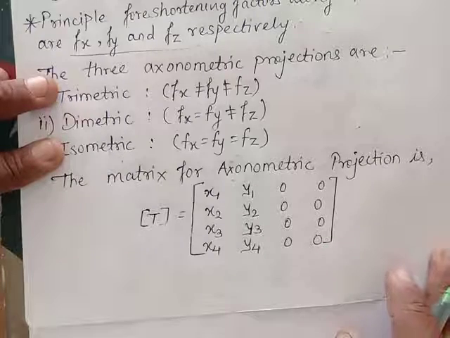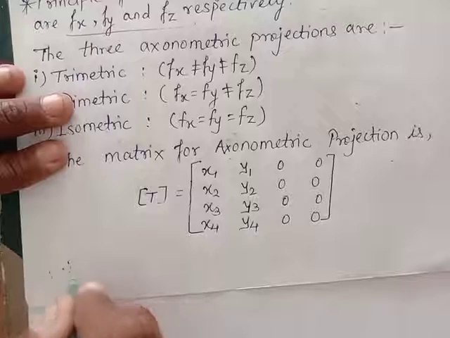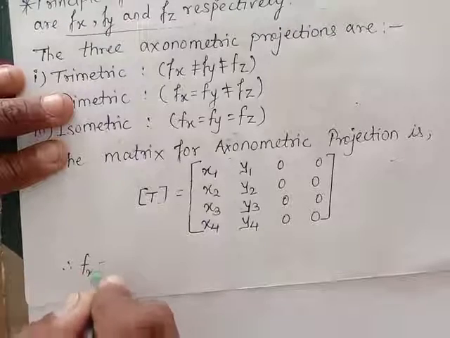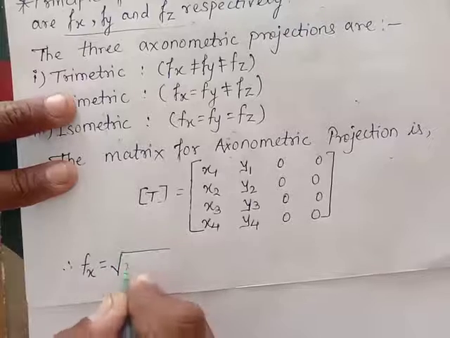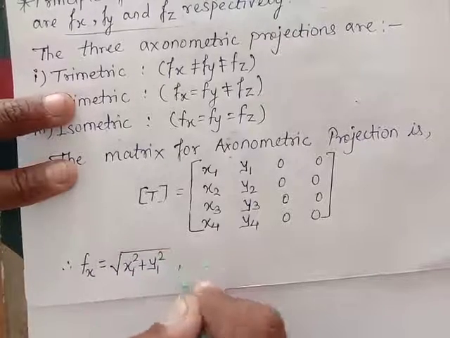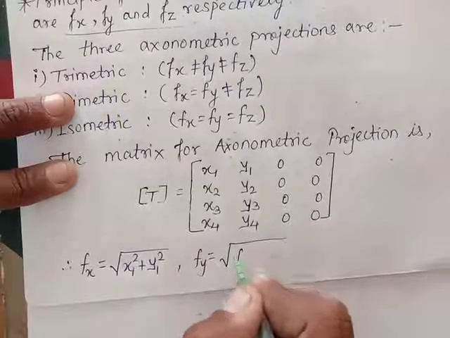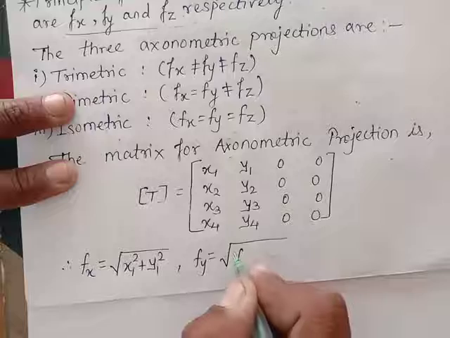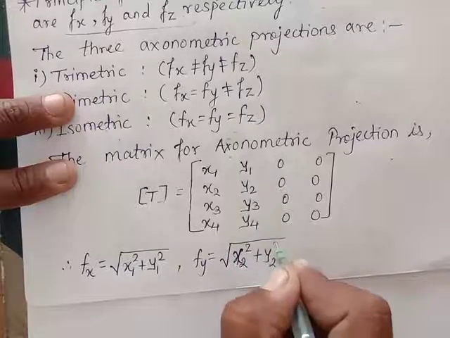This is the matrix for axonometric projection. From that we get Fx, which is under root x1 square plus y1 square. Then Fy is under root x2 square plus y2 square.